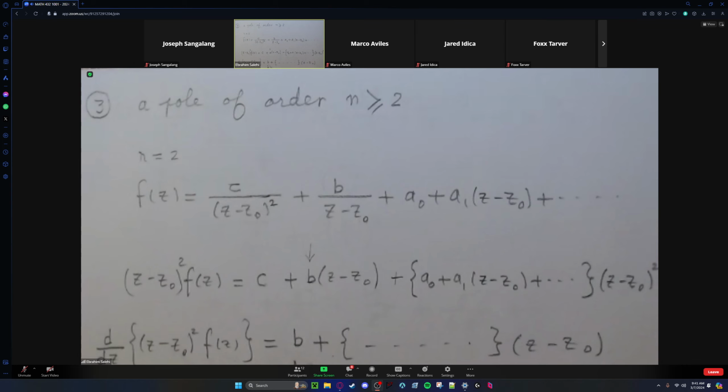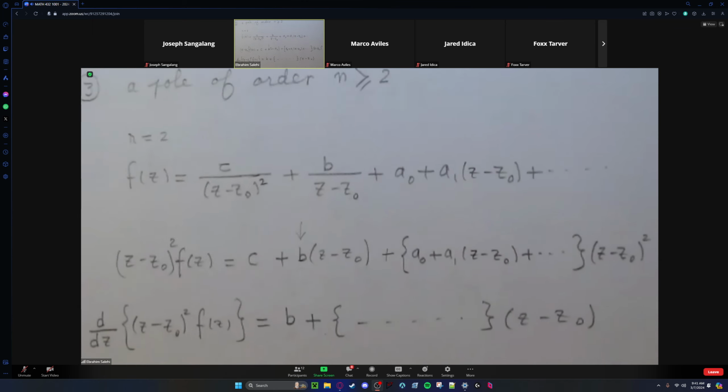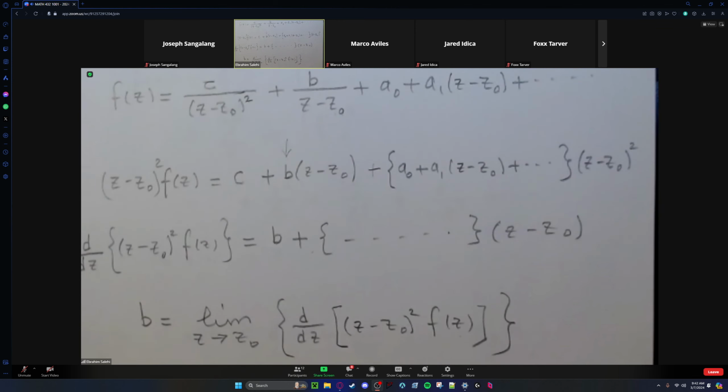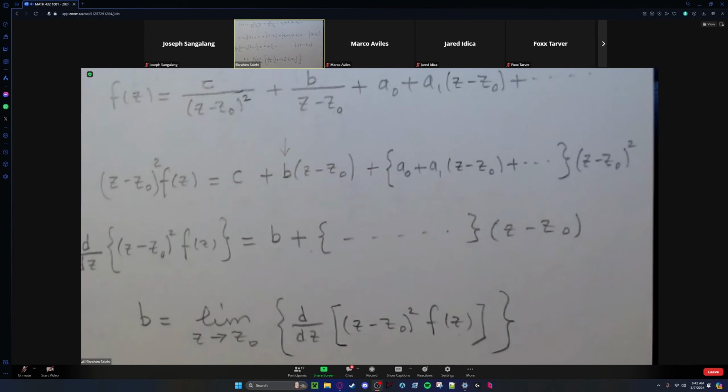So if it is a pole of order 2, this is what we do. We multiply by z minus z naught squared, take the derivative, and after taking the derivative, we take the limit as z approaches z0, right? Well, you can do it for n equal 3 with the same thing, but that requires two derivatives.